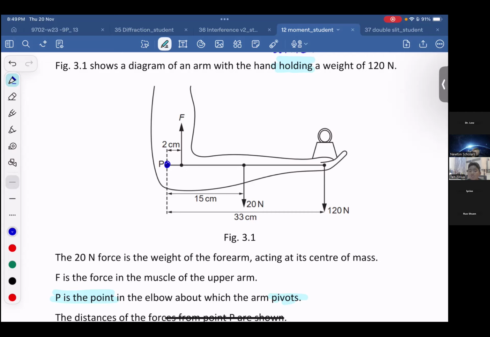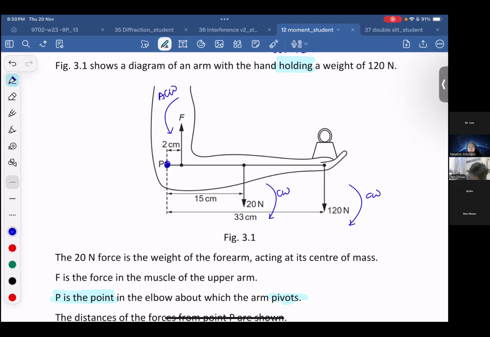Determine the direction first. What is the force that I need? Yes, Zihua correct. Clockwise must equal anti-clockwise.